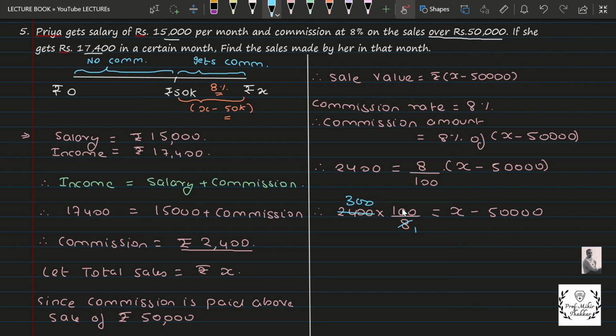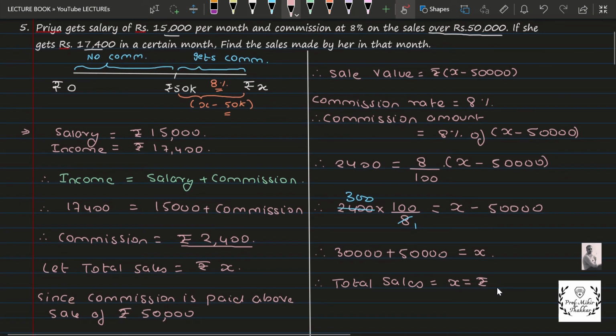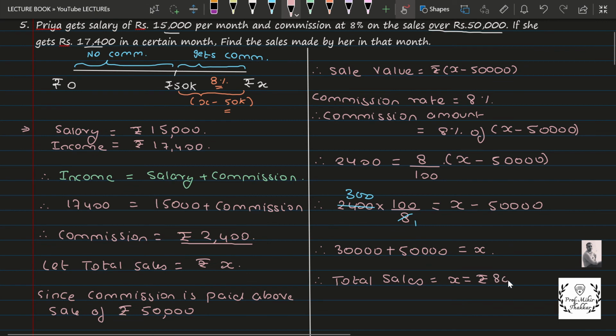So 300 into 100, that will become equal to 30,000 plus 50,000 is equal to X. Therefore, total sales is equal to X is equal to rupees 80,000.